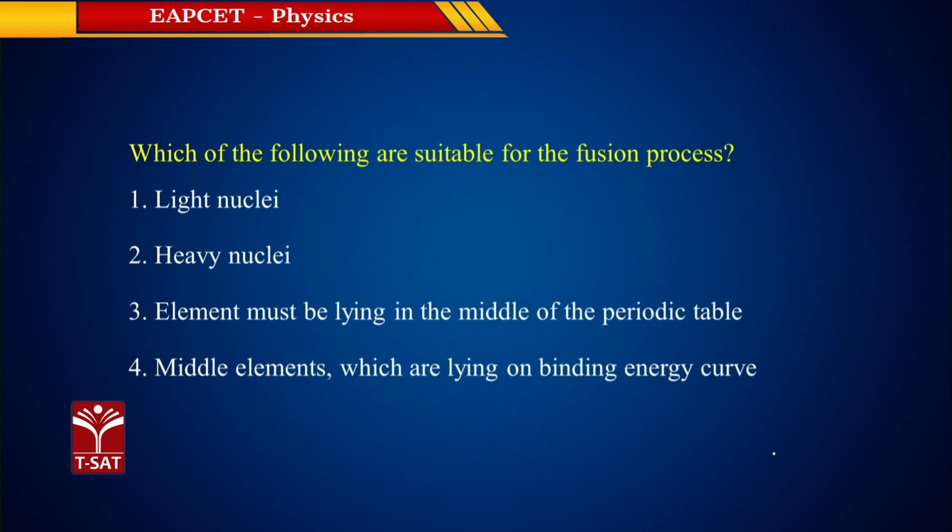Okay, here which of the following are suitable for the fission process? Okay, you know that children. Now we will discuss what fusion and fission are. In fusion we are talking about light nuclei.